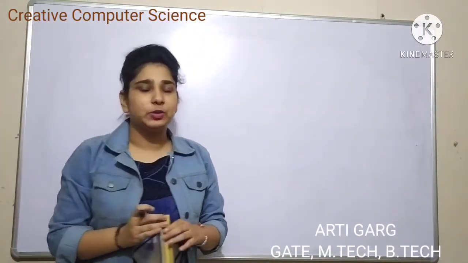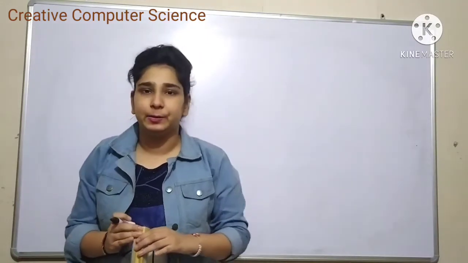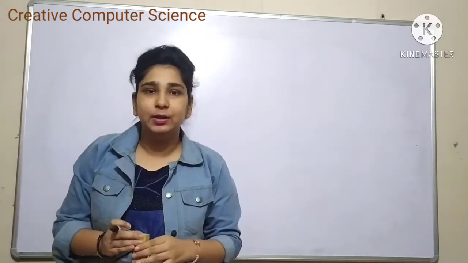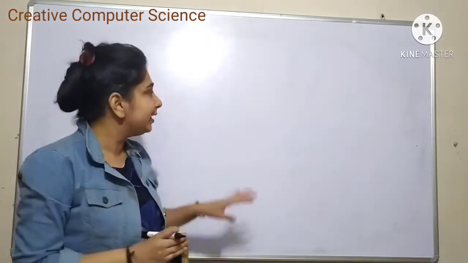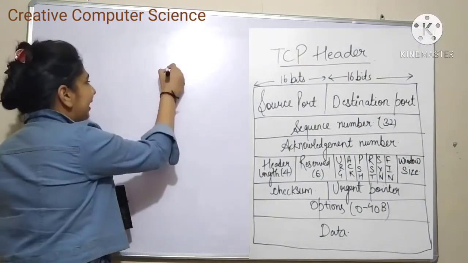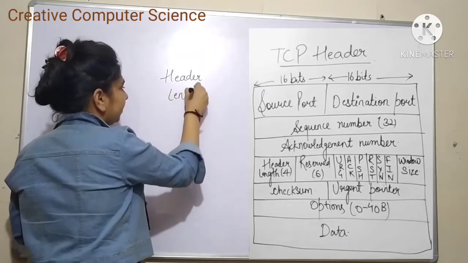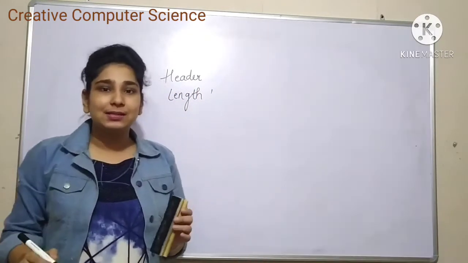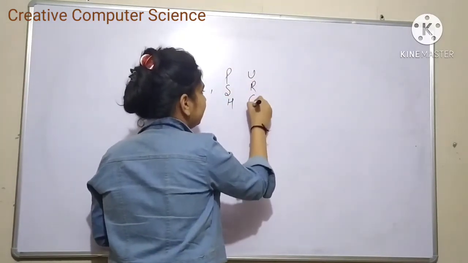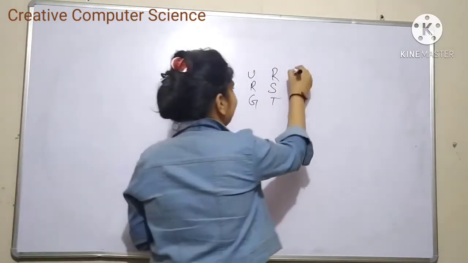So in this video lecture, we are going to discuss the remaining fields of the TCP header. So firstly, watch part 1 and part 2 of the TCP header. Now in this video, we are going to discuss various fields like header length, then we will be discussing push bit, urgent, reset, SYN and FIN.